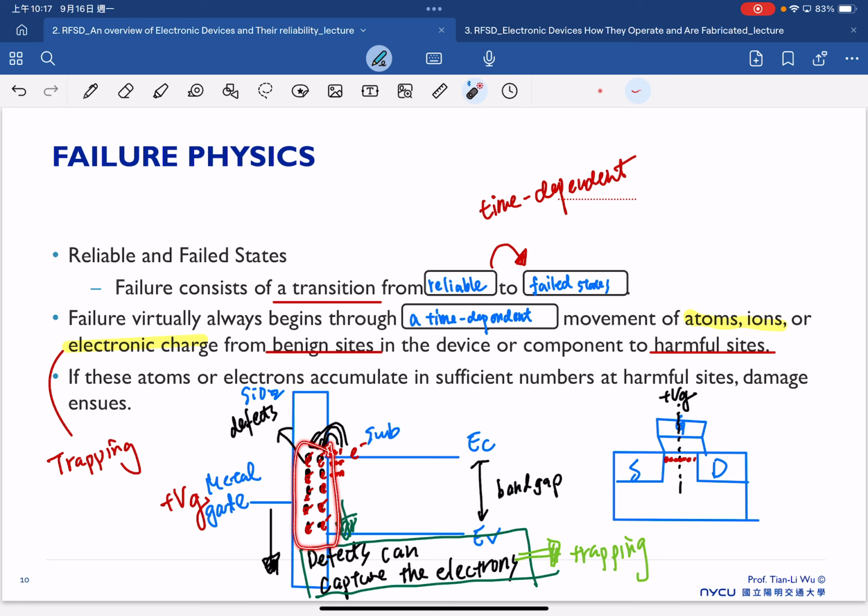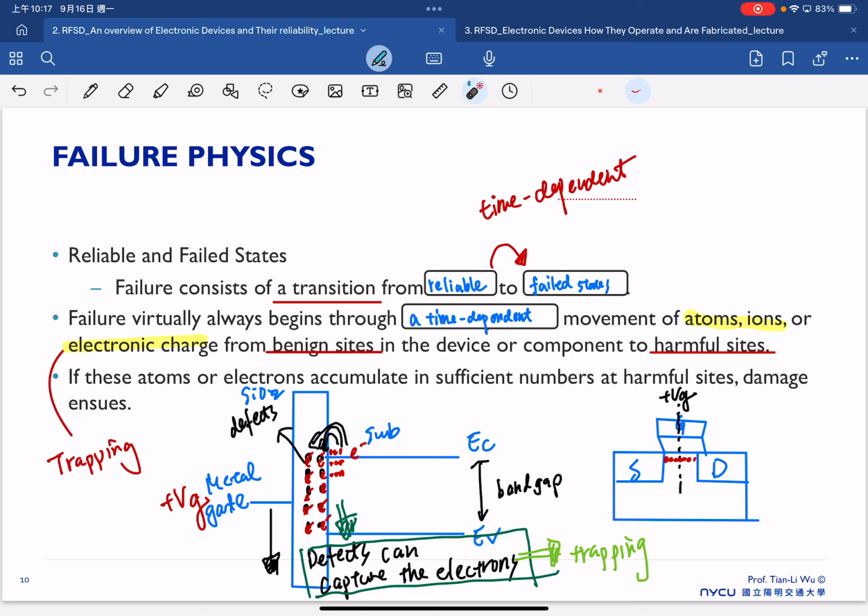And this defect can start to capture electrons. Once the defect captures an electron, that causes trapping issues here. We will start to find that performance degradation can happen here. So that's one example of how we need to step by step further understand the failure physics here.